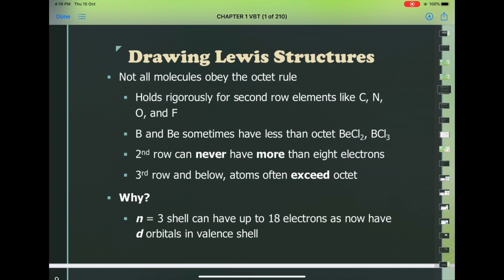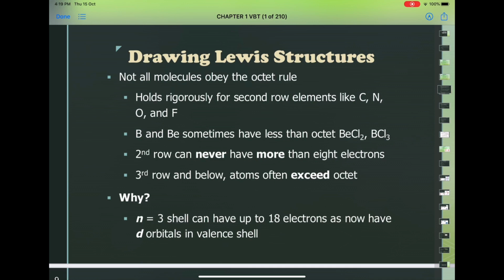Drawing Lewis structures: not all molecules obey the octet rule. It holds rigorously for second row elements like carbon, nitrogen, oxygen, and fluorine. Boron and beryllium sometimes have less than an octet, for example beryllium chloride and boron chloride. Second row elements can never have more than 8 electrons.